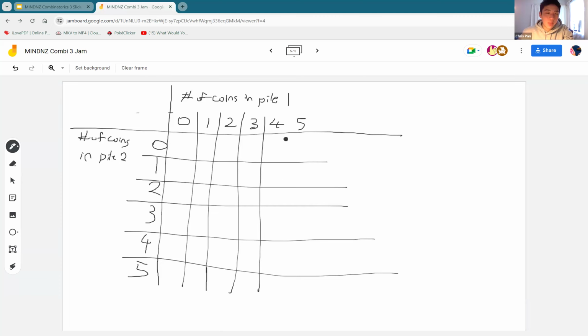Each of these cells represents a game state. For example, this cell over here represents the state when there are two coins on pile one and one coin on pile two. So let's take an example of n equals 7 and m equals 5 or something.